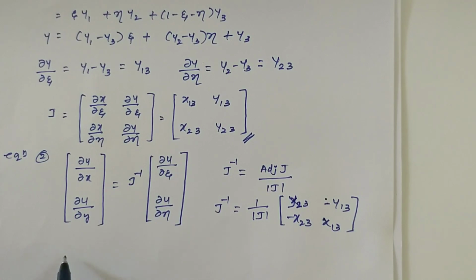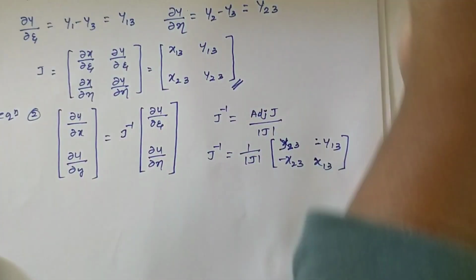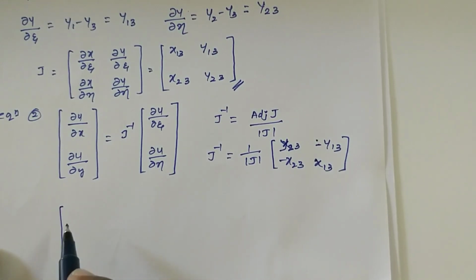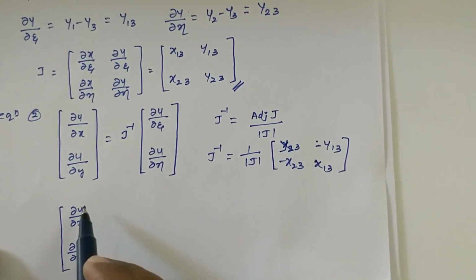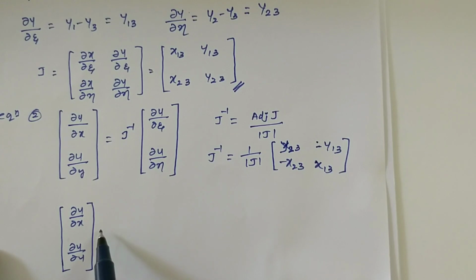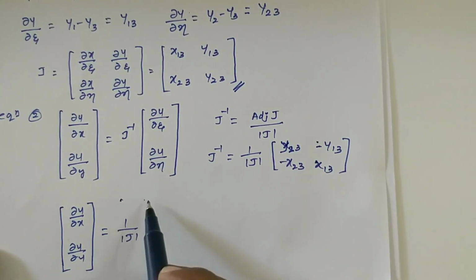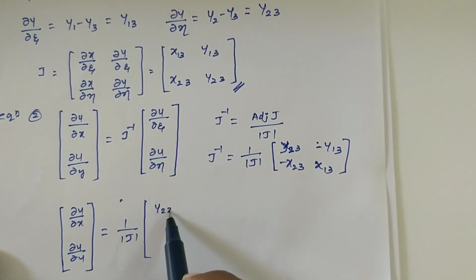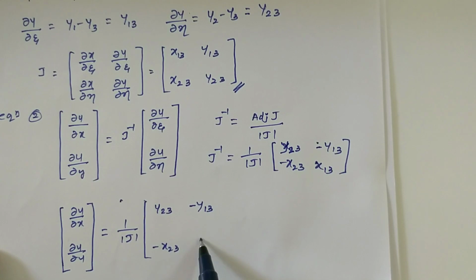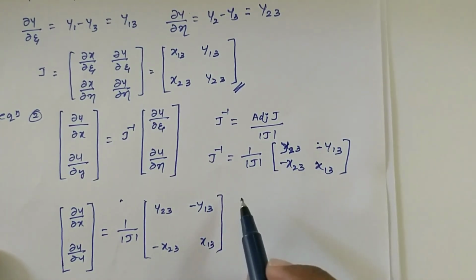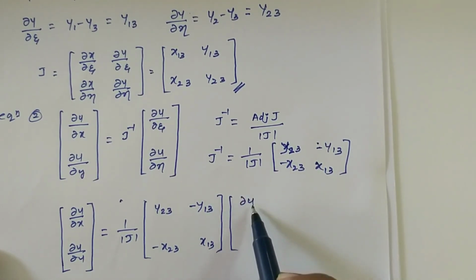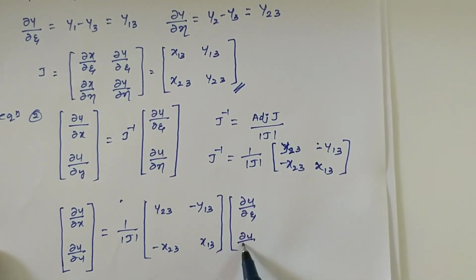Therefore this equation can now be written like this: ∂u/∂x, ∂u/∂y can be written as 1 over determinant of J into y23, minus y13, minus x23, x13, into ∂u/∂zeta, ∂u/∂eta.